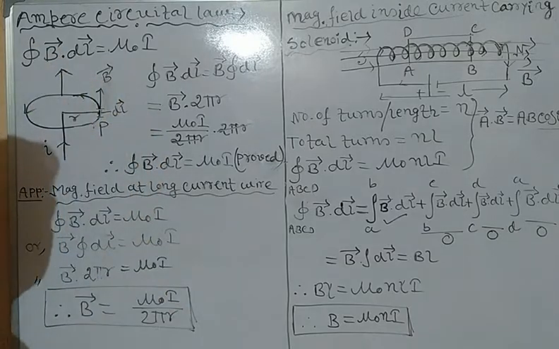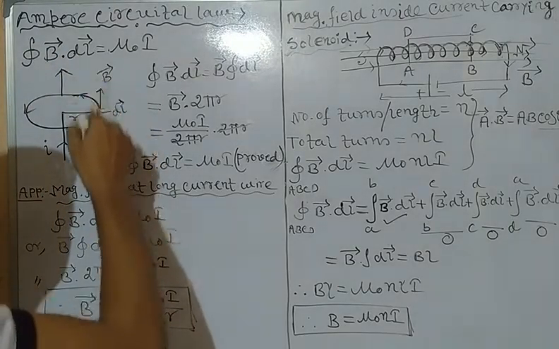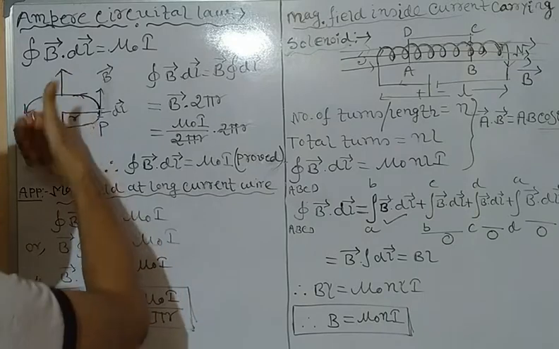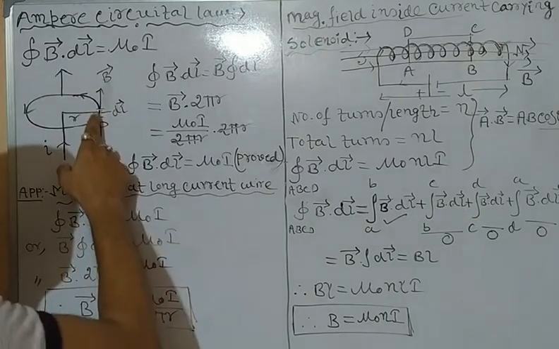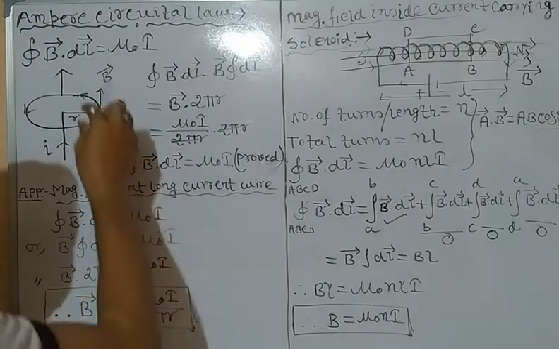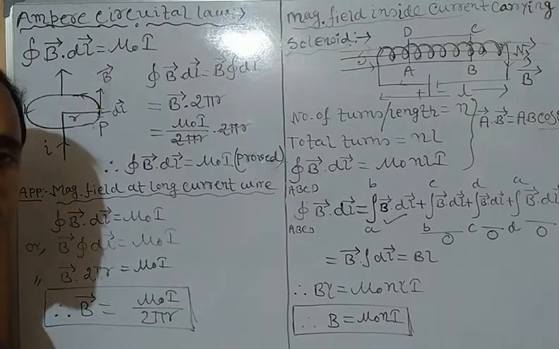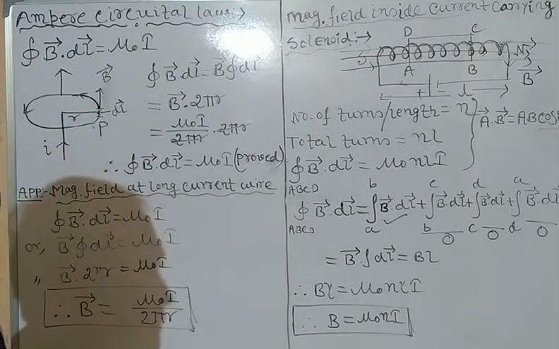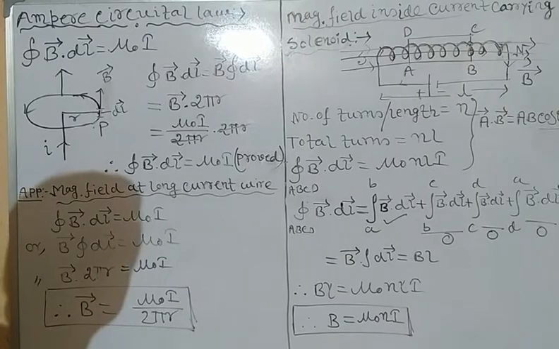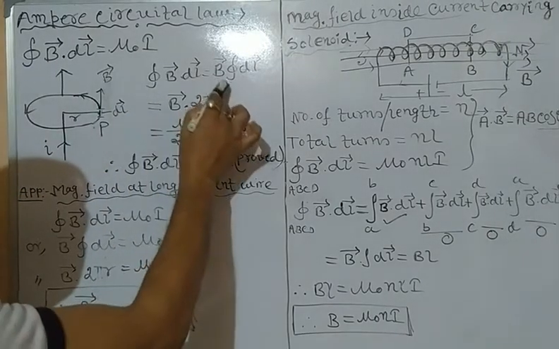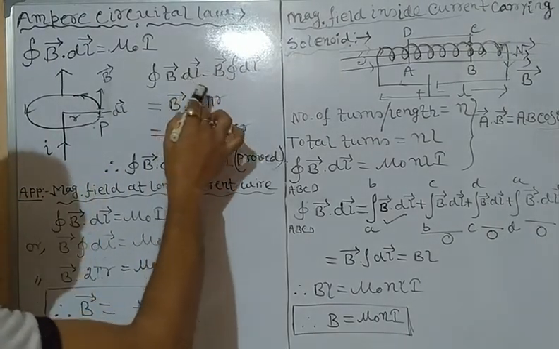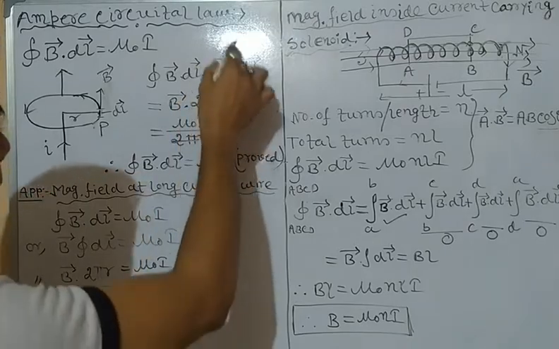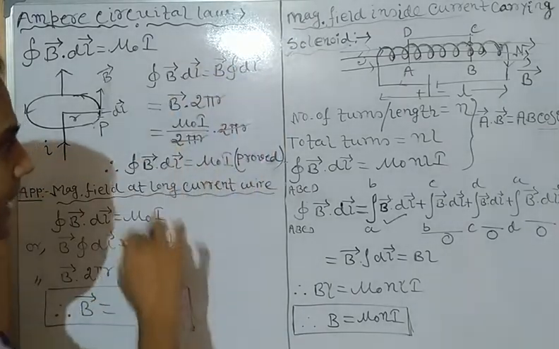Now the direction of the magnetic field, according to the right hand thumb rule, is along the tangent, and the direction of dl is also in the same direction, that is in the direction of B. So B dot dl equals B taken outside, times the line integral of dl.